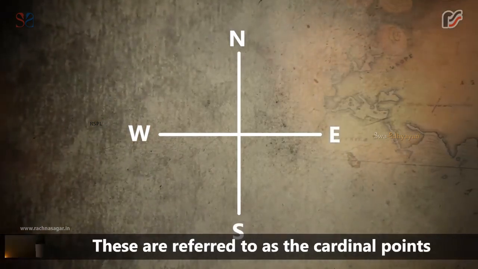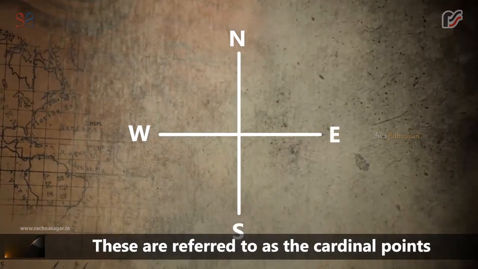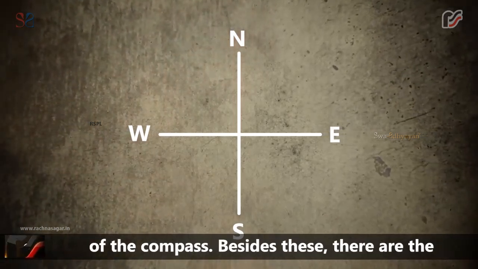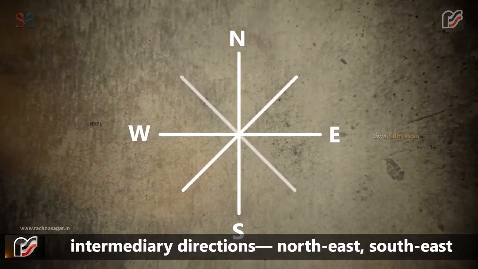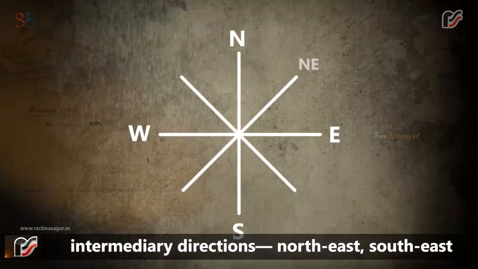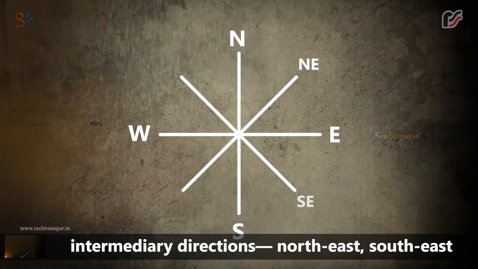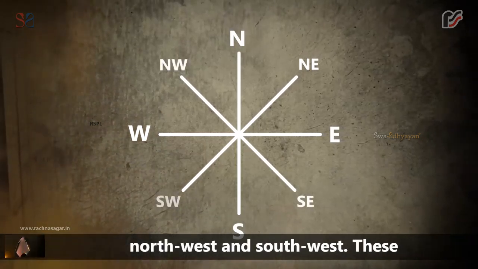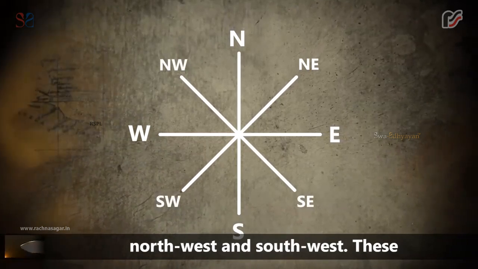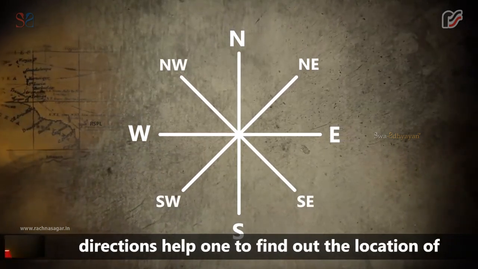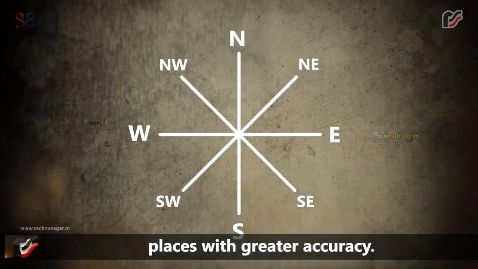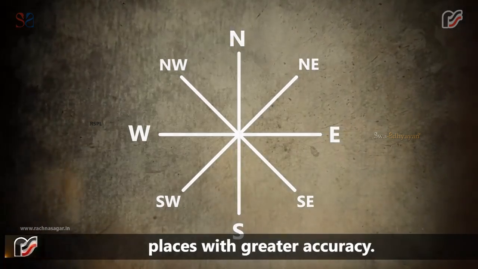These are referred to as the cardinal points of the compass. Besides these, there are the intermediary directions: northeast, southeast, northwest, and southwest. These directions help one to find out the location of places with greater accuracy.